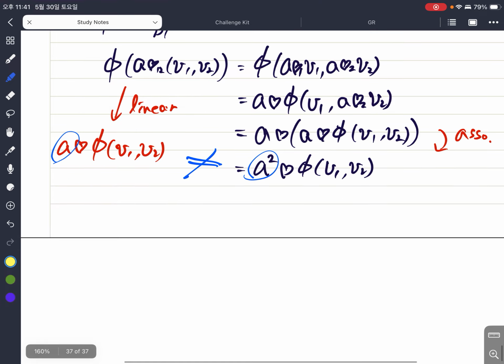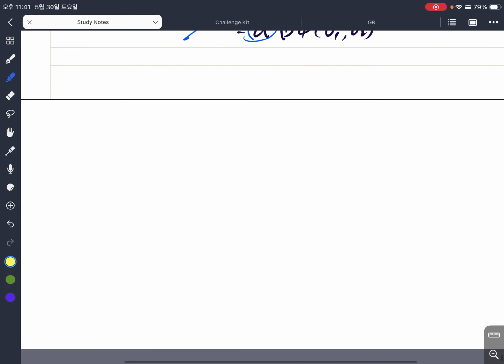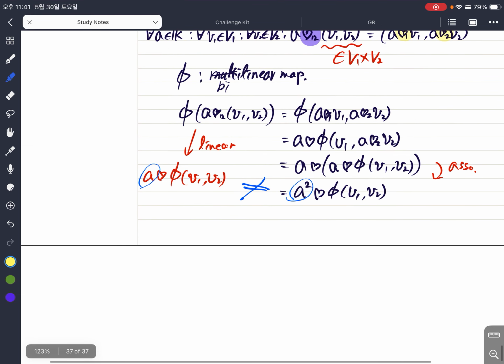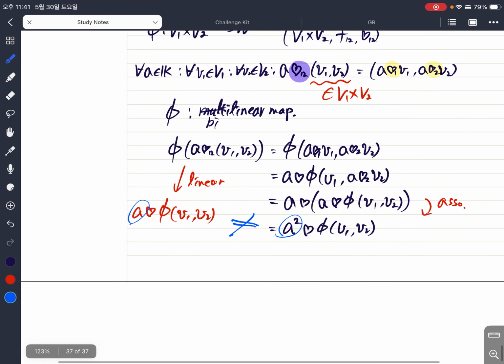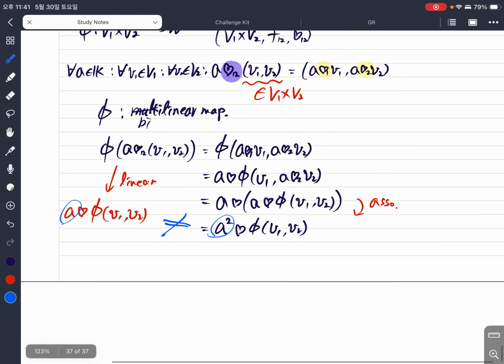And okay, so this is what we call multilinear form map. There are many multilinear maps you meet in physics. In fact, what we call tensor, in my mind, is nothing but a multilinear map.